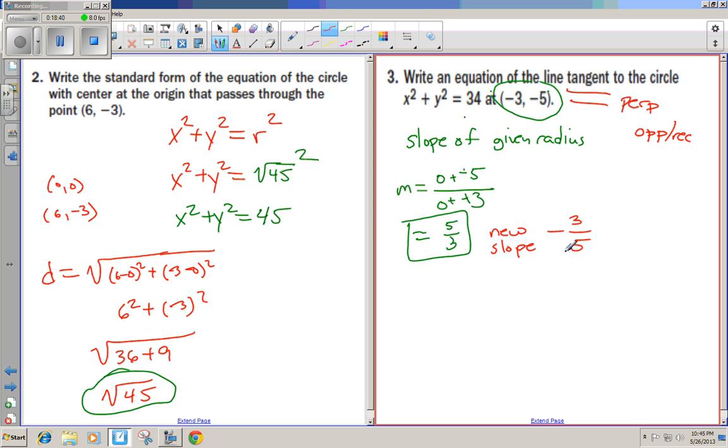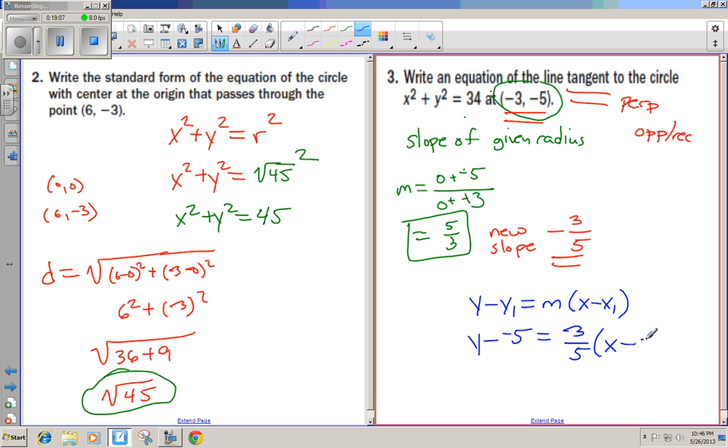All right, now that we know a point and the slope, we use the point-slope formula to come up with the equation. Our y value is negative 5. Our slope is negative 3/5. x minus negative 3.